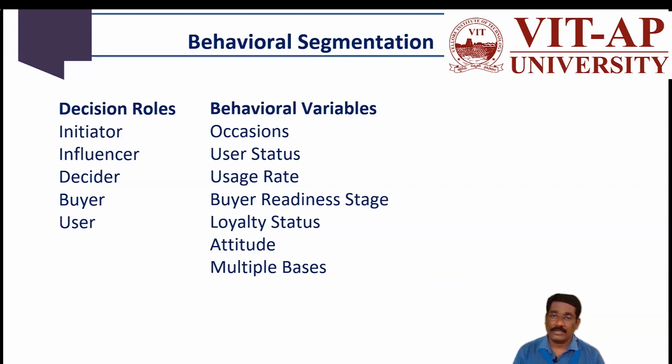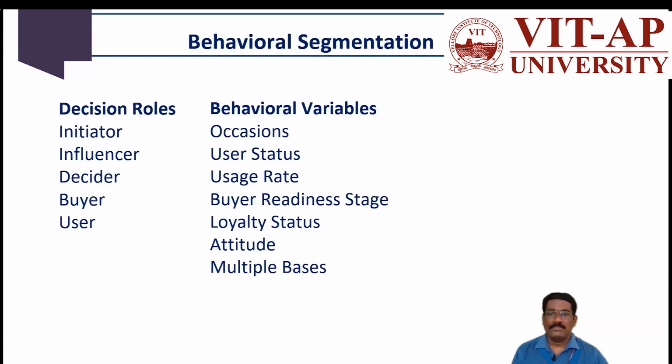And attitude, whether consumers show favorable or unfavorable attitude, marketers have to get insight about. Next is multiple bases. It means that if you combine all these variables together to form a segment, it is called multiple bases.